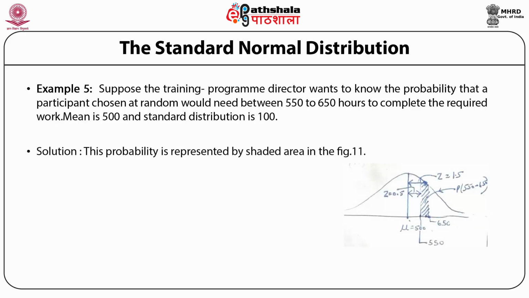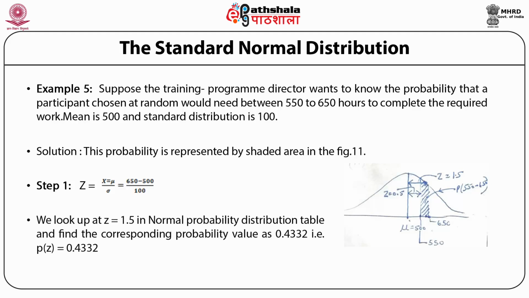So the probability is represented by the shaded area in the given figure. Step 1. First take it into standard normal form, which is z equals x minus mu upon sigma. Mu is subtracted from x. This is the standard normal form, divided by sigma. Put the values and solve it.